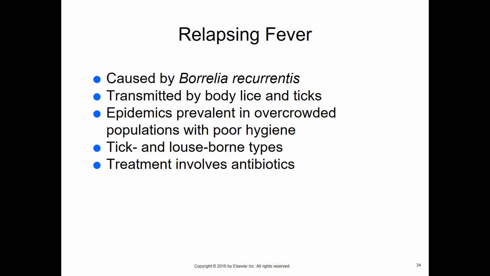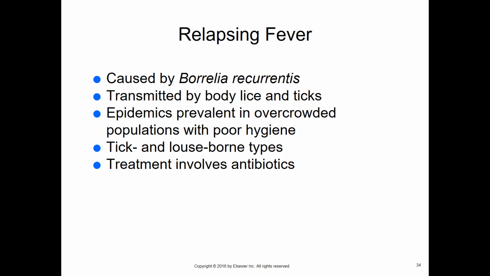Louse-borne relapsing fever is transmitted by the human body louse, and it causes the epidemic form of the disease. Tick-borne relapsing fever is transmitted by the Ornithodoros tick, and it represents the endemic form of the disease.